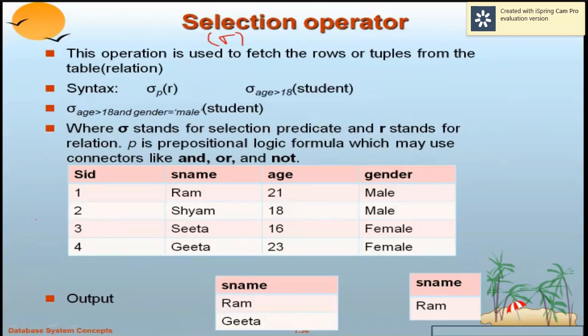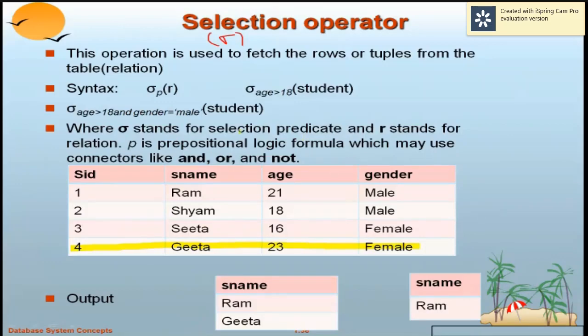When I use the sigma operator along with some condition, the tuples which satisfy the condition will be pulled out, and my data will be displayed.